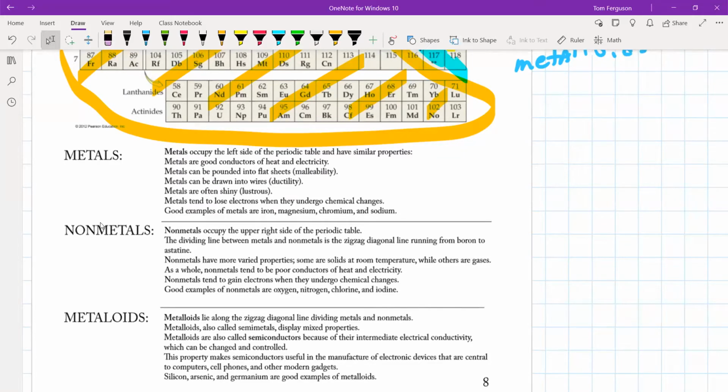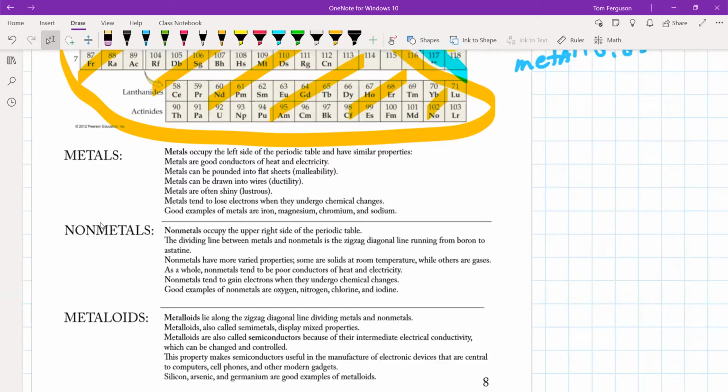That's why they make wires out of metal. You can bend them, you can stretch them. A whole bunch of characteristics that you could probably come up with on your own. Possibly the conductivity and malleability you may not know, but basically you're comfortable with what a metal is.